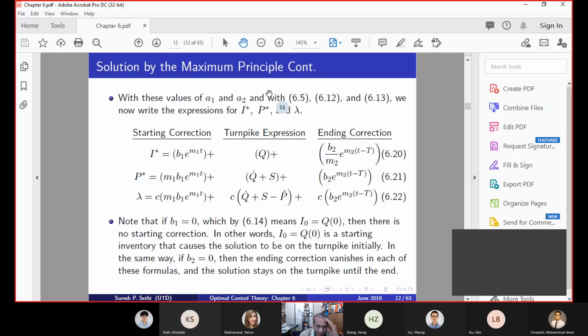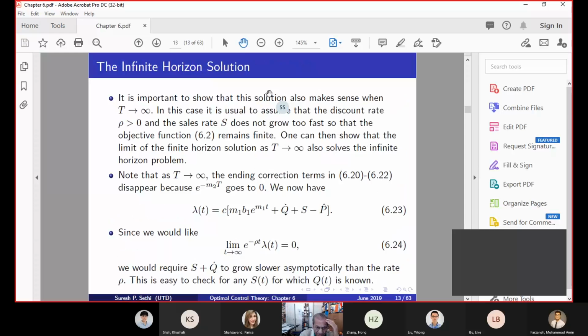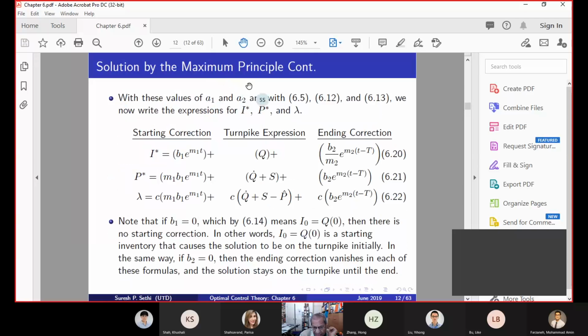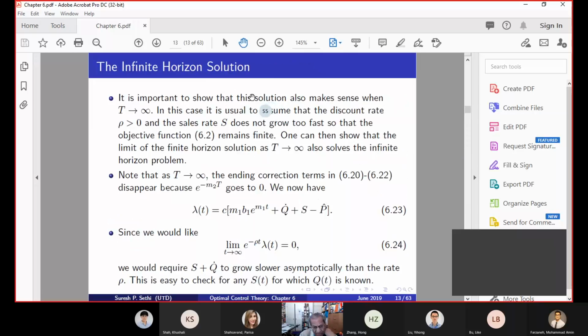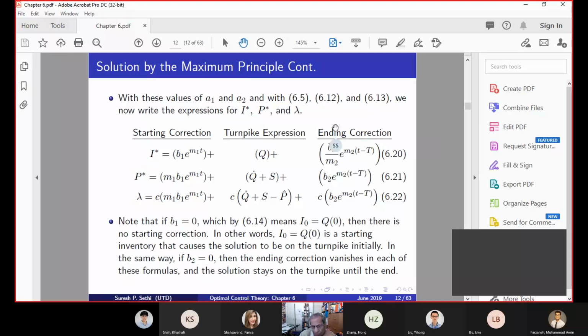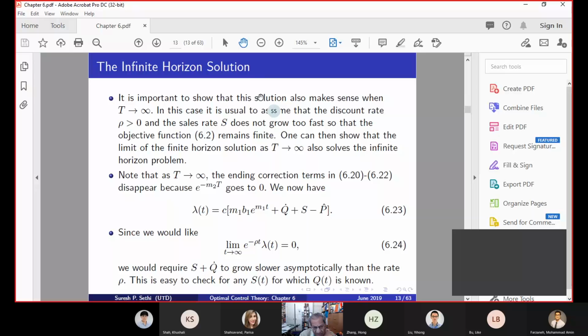Okay, so let's see how we go about doing something more on this. If t goes to infinity, then we can remove this term, and we can write lambda t like this, and for our sufficiency condition, we should have this quantity equal to 0 as t goes to infinity.